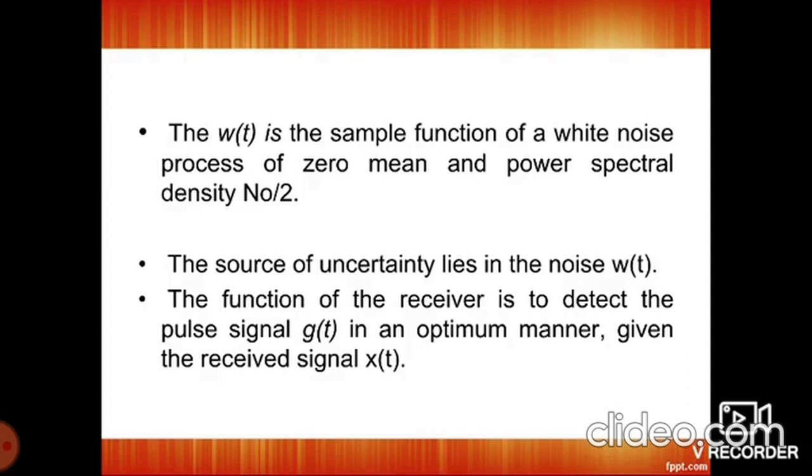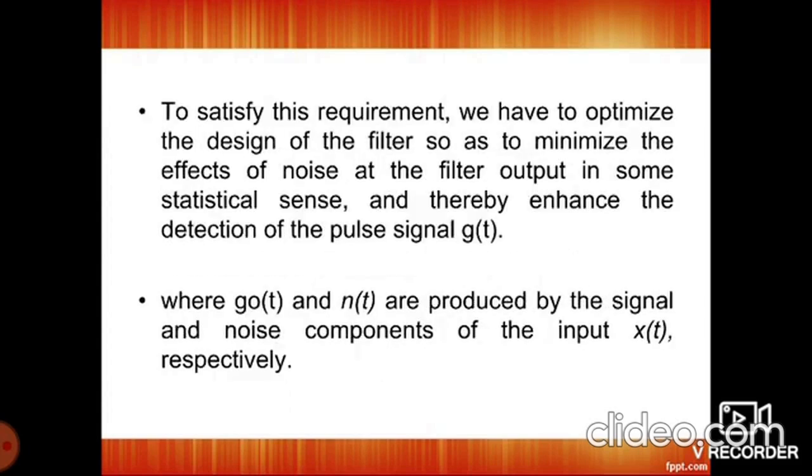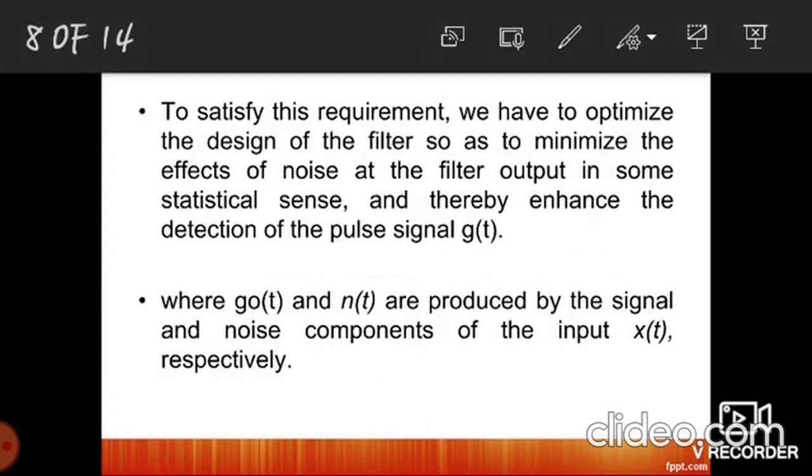The function of the receiver is to detect the pulse signal g of t optimally in the received signal. We can take the decision based on the decision criteria, whenever noise is absent and whenever noise is present.